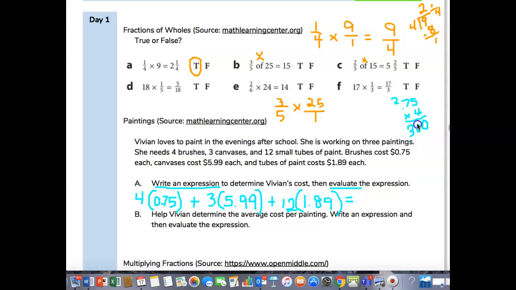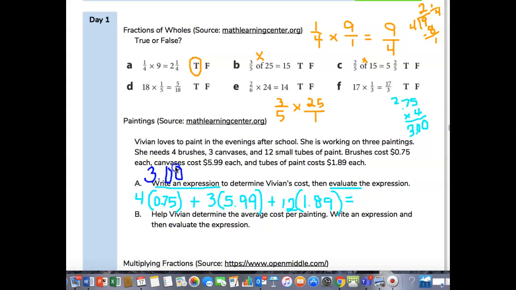Okay, but now we have to go 1, 2 decimal point. So 4 brushes are $3. So this equals $3, the 4 brushes.